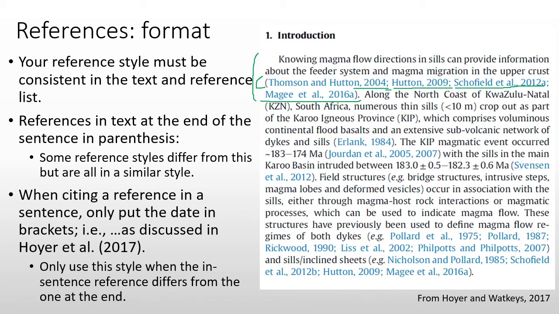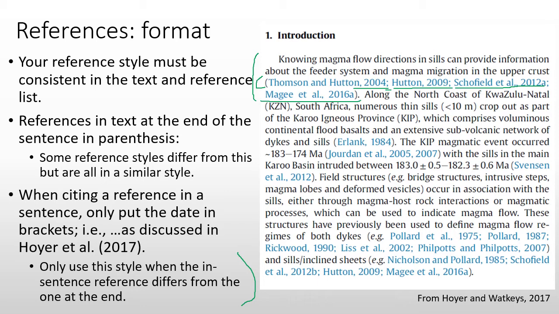If you need to put a reference mid-sentence, then you can do that. And you'll see that I've put a description here. Typically, you will only do that when the in-sentence reference differs from the one at the end.